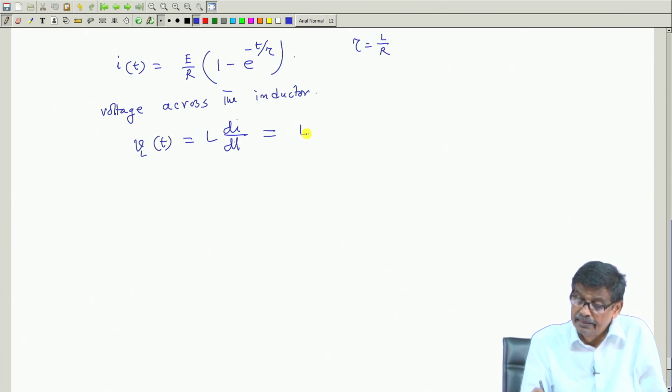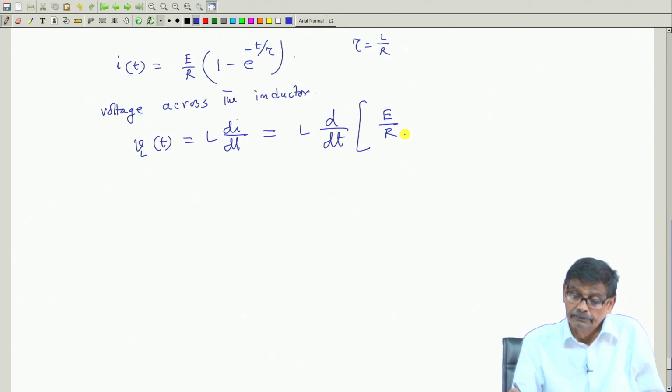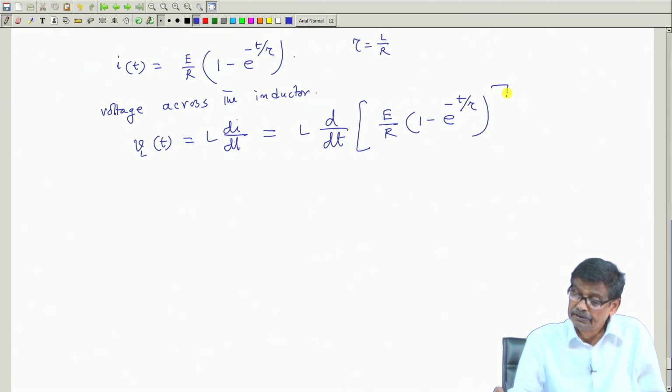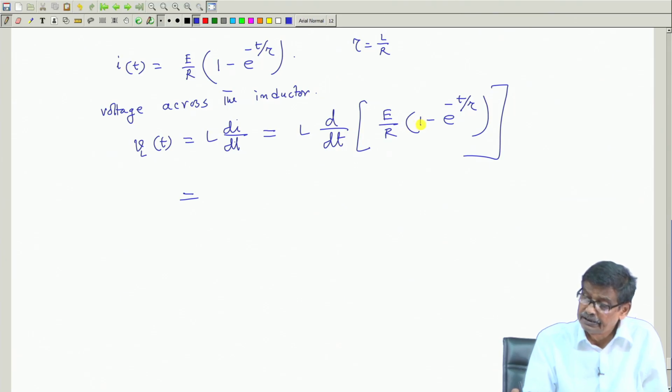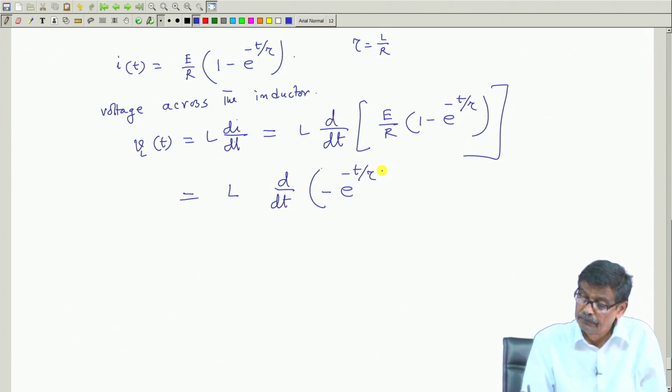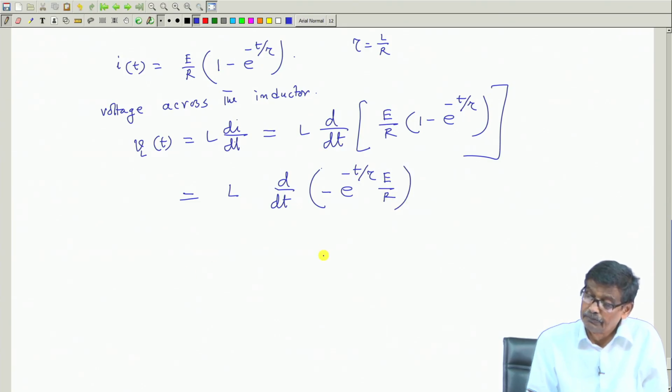So, L d/dt of this quantity, that is E by R into 1 minus e to the power minus t by tau. Now, if you differentiate, the first term is constant, so it goes. So, it will be L into d/dt of minus e to the power minus t by tau into E by R. E by R is there, is it not?